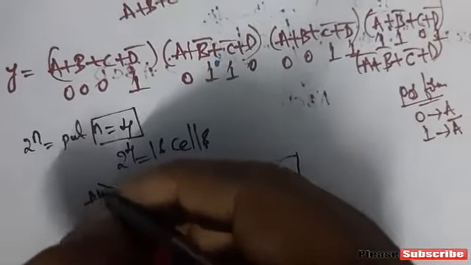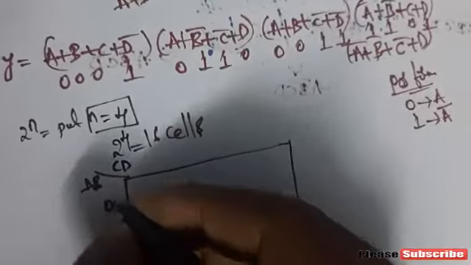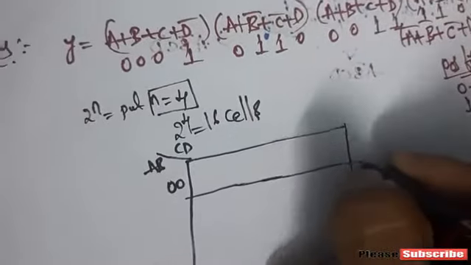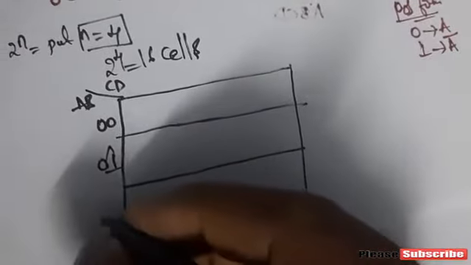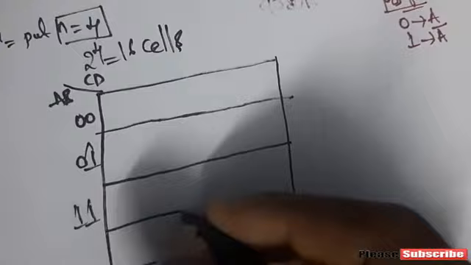This will be A B, C D, 0 0, 0 1, 1 1, 1 0.